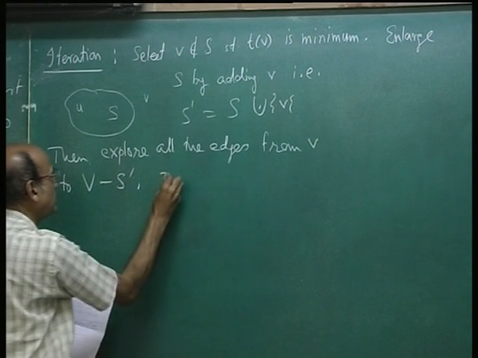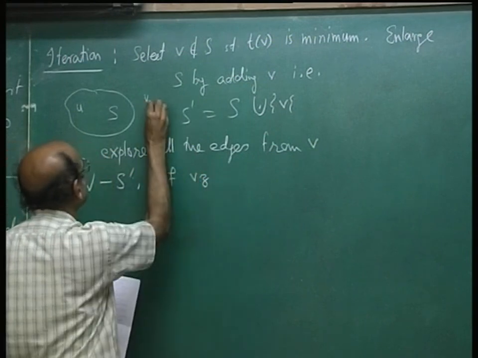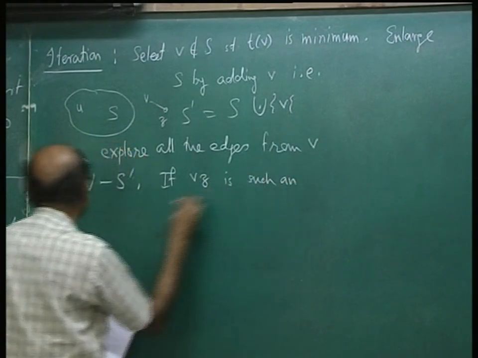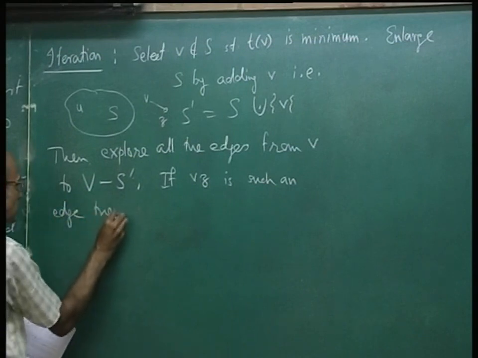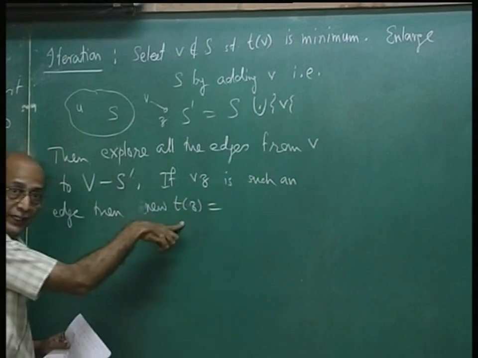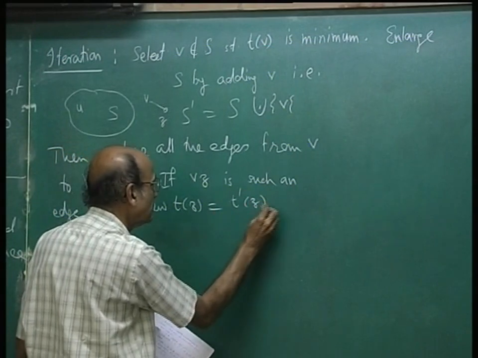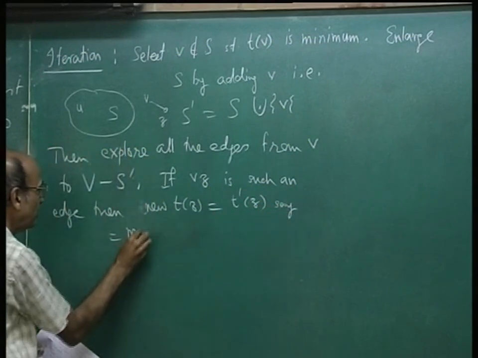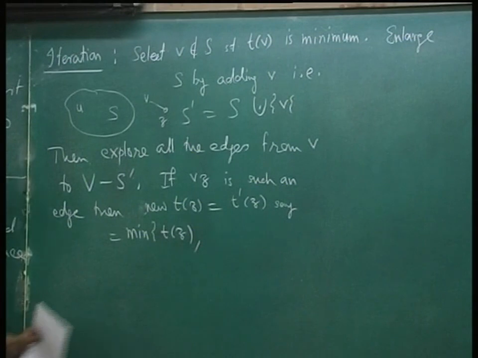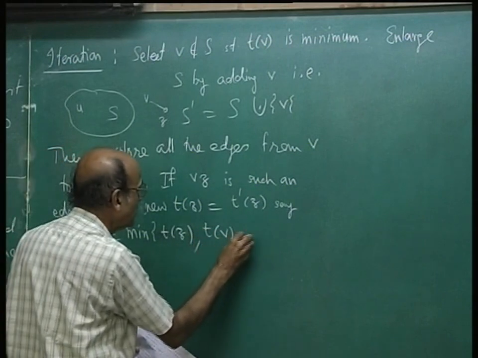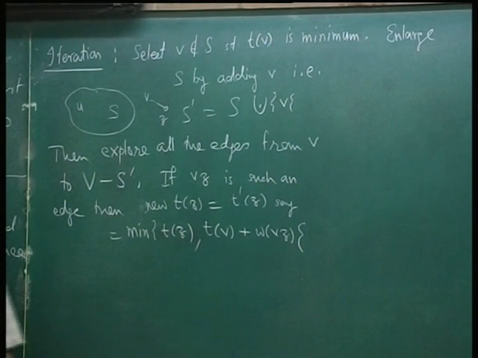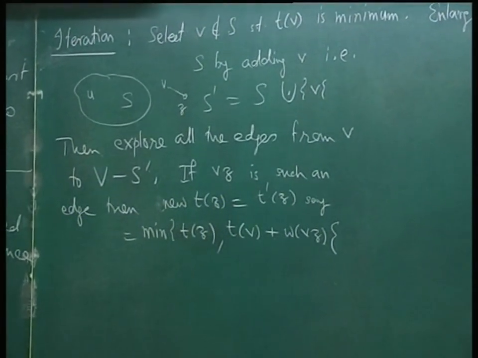If Vz is one such edge, then new T of Z, the new tentative, is equal to the minimum of the old tentative, so retain the old one, and the new one. Whosoever is minimum, you follow that.